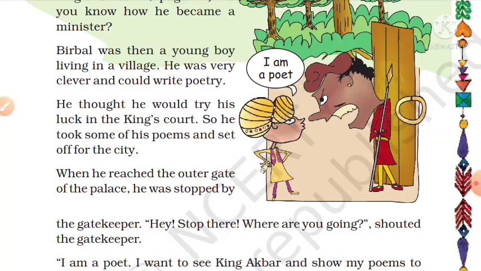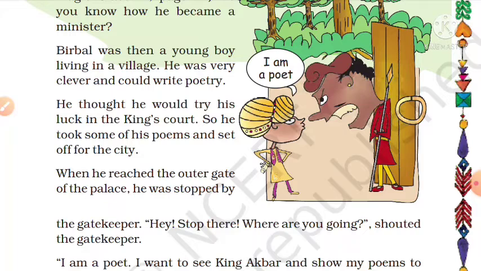So here king's court means king's palace. He took some of his poems and set off for the city. Set off means he just started his journey to the king's palace. When he reached the outer gate of the palace, he was stopped by the gatekeeper.